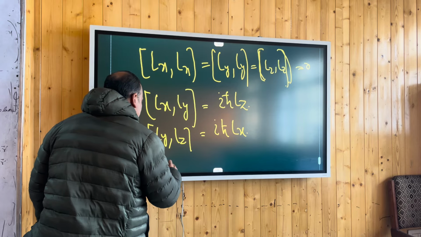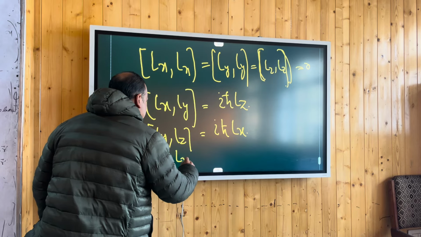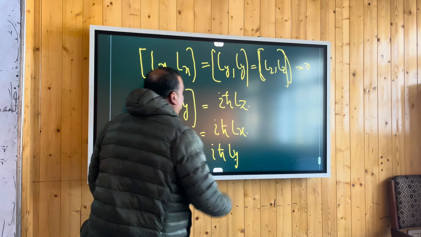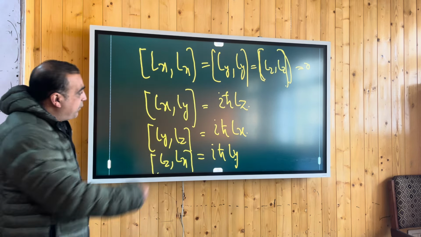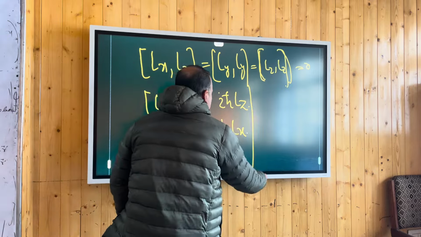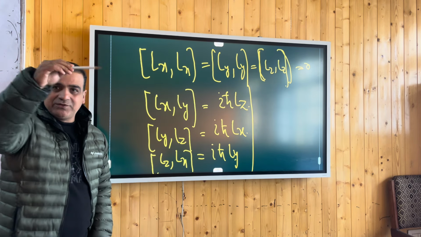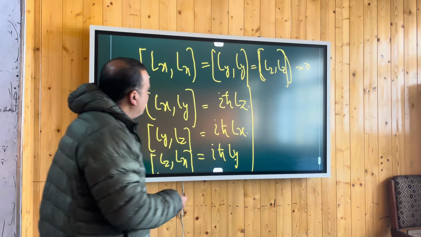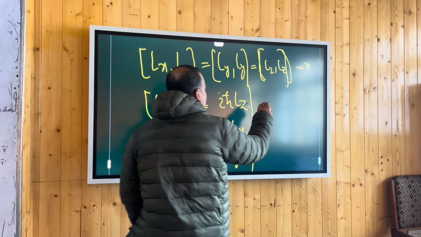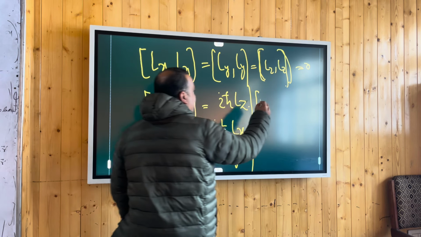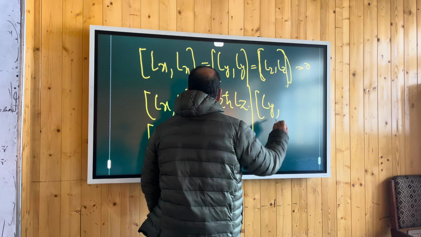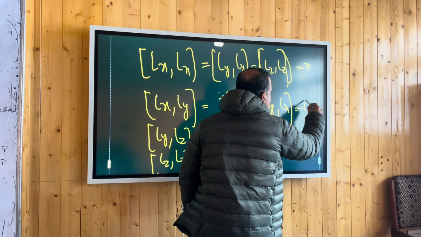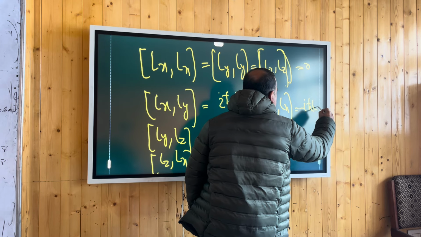Lz, Lx will give me i h bar Ly. You can memorize it using that circle Lx, Ly, and Lz. If you reverse the commutation to Ly and Lx, your result will be minus i h bar Lz.